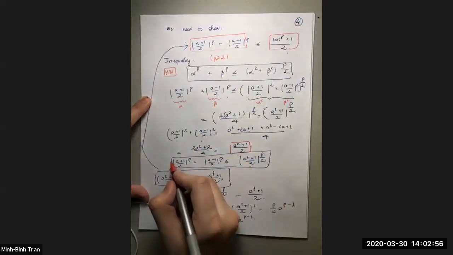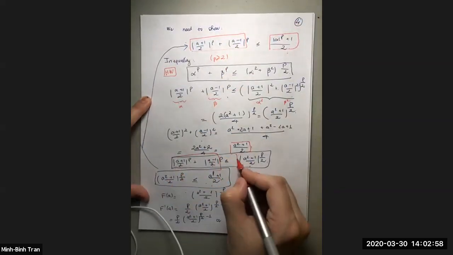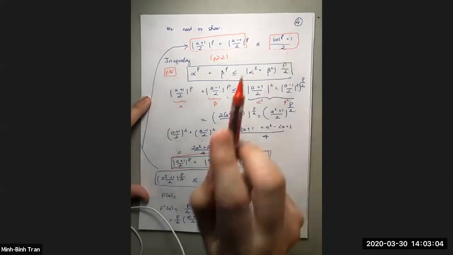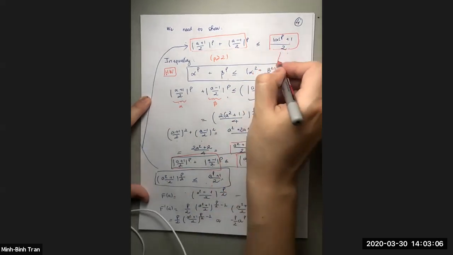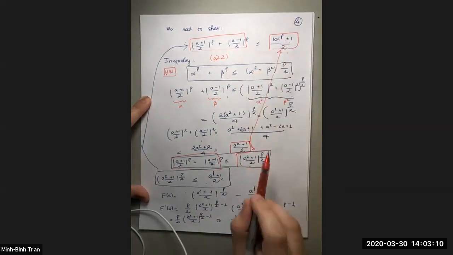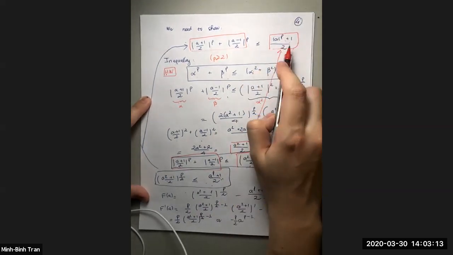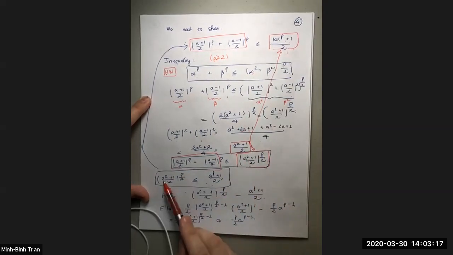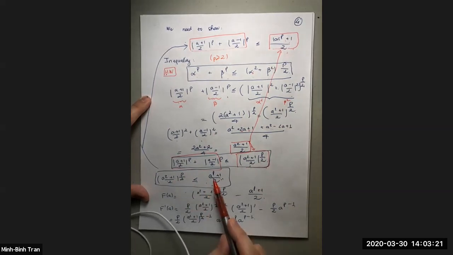But you already showed that this is smaller than this one. What you have to prove next is to compare this guy with this guy. All right, you have to compare this one and this one, a^p + 1/2 and (a^2 + 1/2)^(p/2). In other words, you're going to have to show that (a^2 + 1/2)^(p/2) is smaller than or equal to a^p + 1/2.